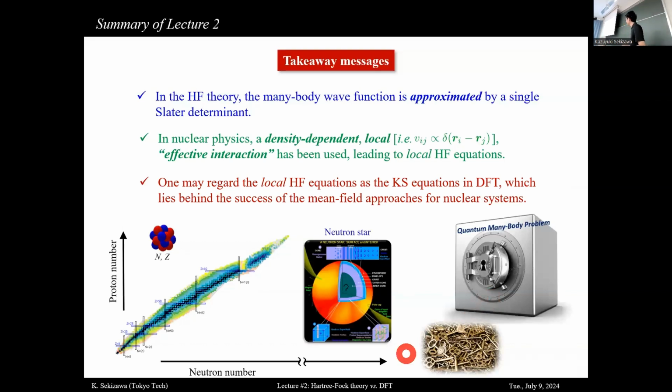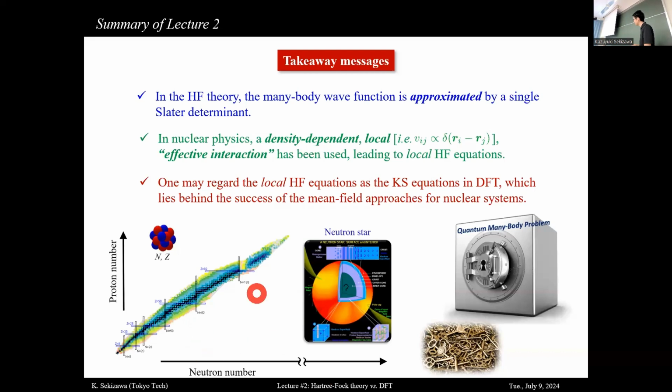So this is a summary. In this lecture I focused on the ground state properties. It is just a variational principle, but we neglected, for instance, the pairing correlations. Pairing correlations are a kind of Cooper pair formation: spin up and spin down neutrons and protons form a Cooper pair, and it becomes a superfluid or superconducting phase.